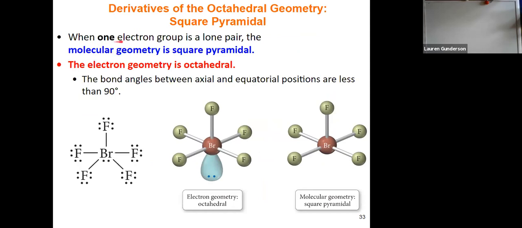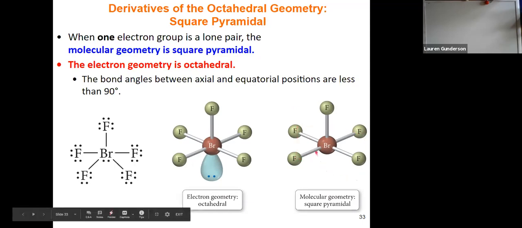So when we remove one electron group, one bonding pair, and replace it with a lone pair, what we end up with is a square pyramidal molecular geometry. Okay, so our electron geometry is still octahedral, but now our molecular geometry is square pyramidal. And that's because the shape that it forms actually looks like a square pyramid, right?